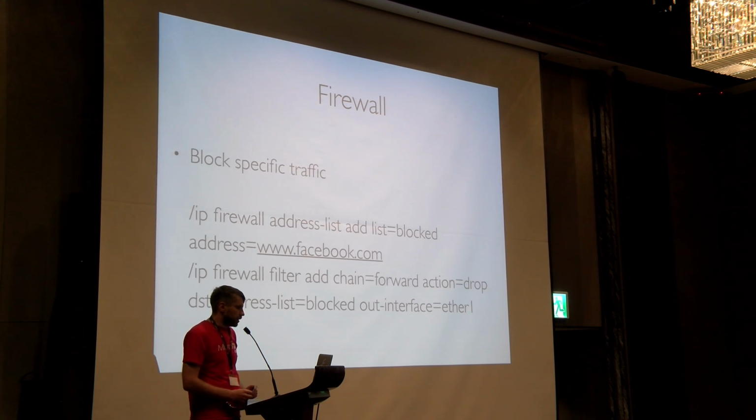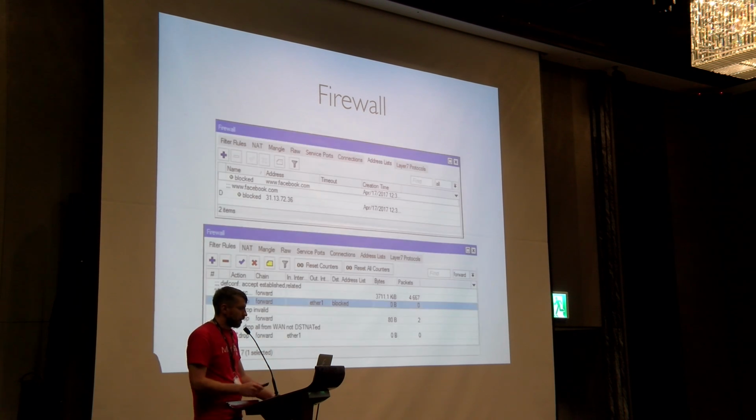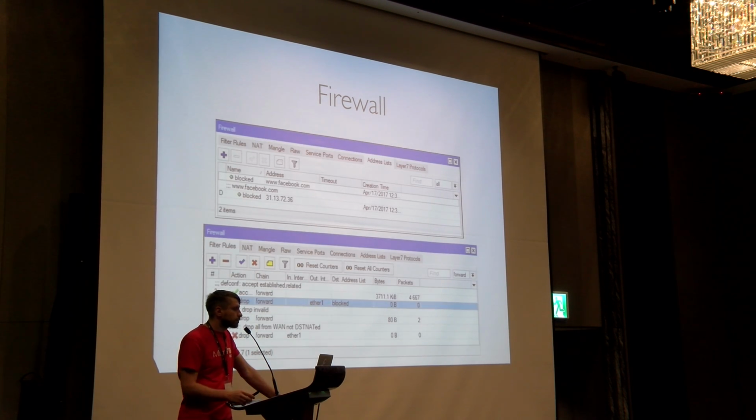Of course, firewall provides you with some other interesting features. One of the features that was added recently is that you can make firewall rules with DNS names. So if you want to block some specific DNS address, or allow or log, you can make a firewall rule with an address list, like here is facebook.com, and the router will put all the Facebook addresses in the address list, and you can later work with that address list.